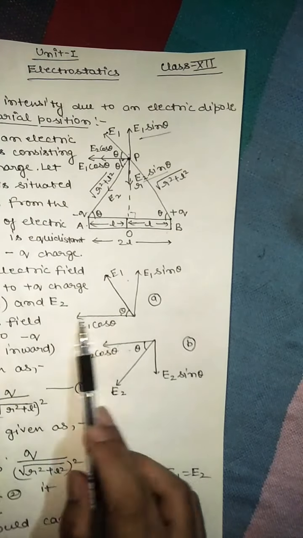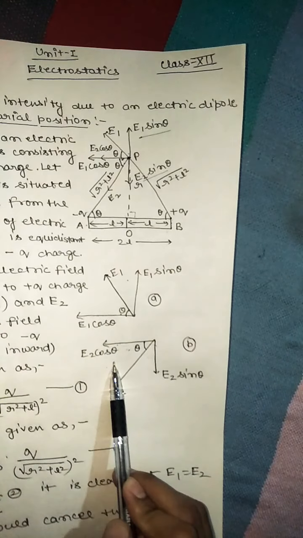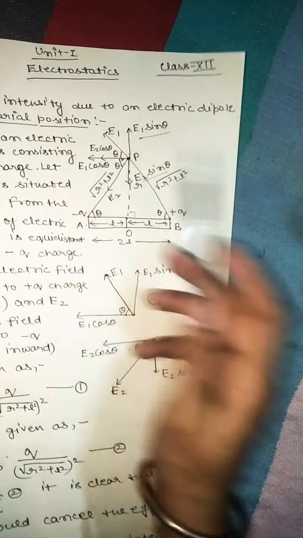In these diagrams we can see both are working in the same direction, so both will be added and both will be acting on this particular point. So how will you find out these? Let this be equation number 3.